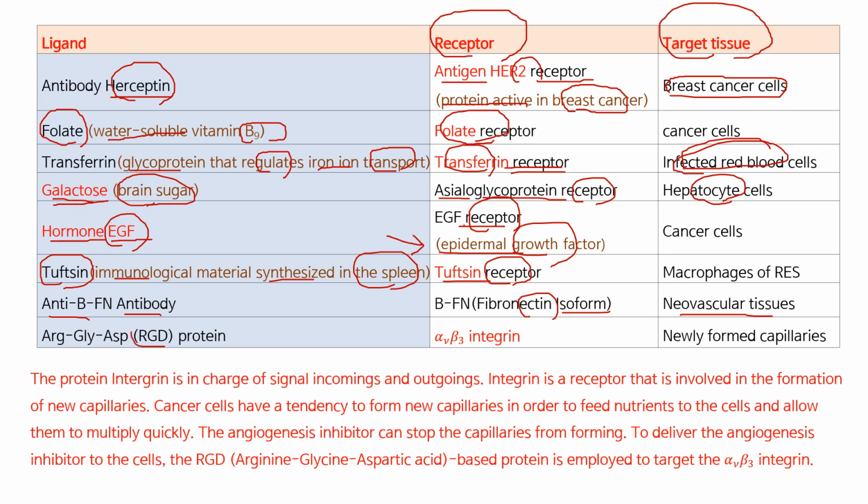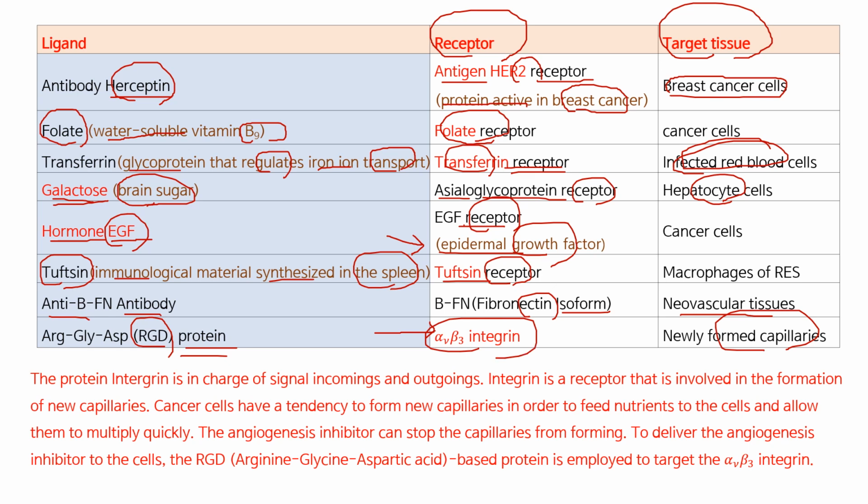This RGD protein targeting newly formed capillaries, and that's related to the receptor of the alpha v beta 3 integrin.